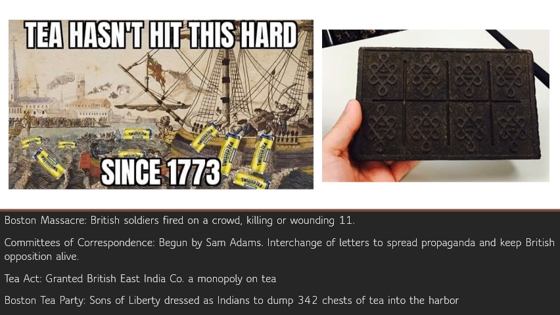So things are going to start to get tense. After the Townshend Act, after the Massachusetts Circular Letter, Britain is going to send in some additional British troops. Specifically, you're going to see a lot of troops being sent into New England because that's going to be kind of a hotbed of political activity. That's where you're going to see a lot of people really angry about these taxes.